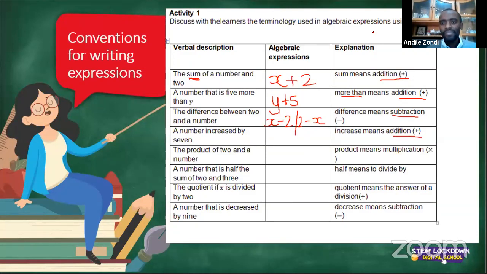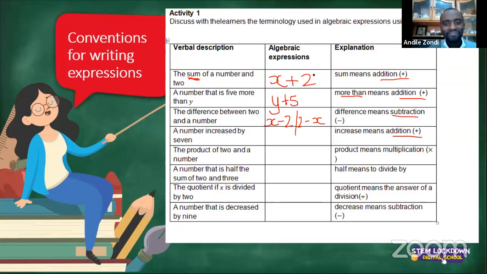Let me see if I have answers for this one. What are your answers? I'll look at my chat. Some of you are using words. Don't write words. Just write symbols and variables and numbers only. Okay, wow. I think everyone has the answer correct, almost everyone.